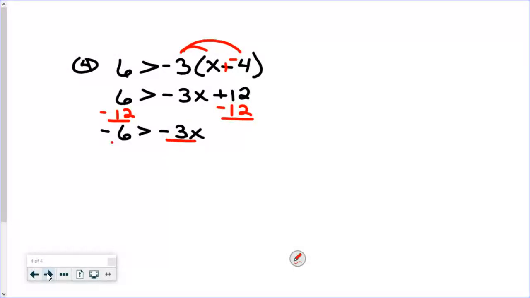Now I'm going to divide by negative 3 to get x by itself, and as soon as I see that negative in red, I know I must flip that sign, okay? And if you're doing this, you make sure you're showing all your work. That gives me a 2 and an x, but again, the x needs to be on the left, and the number on the right, and the alligator's eating the x this time.